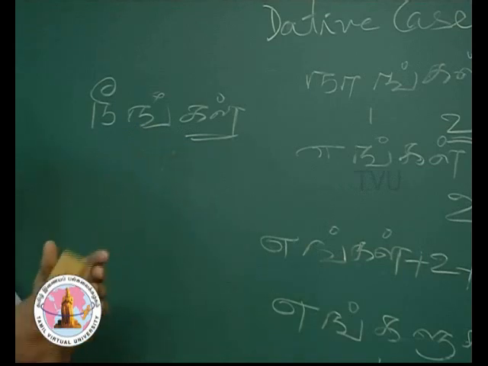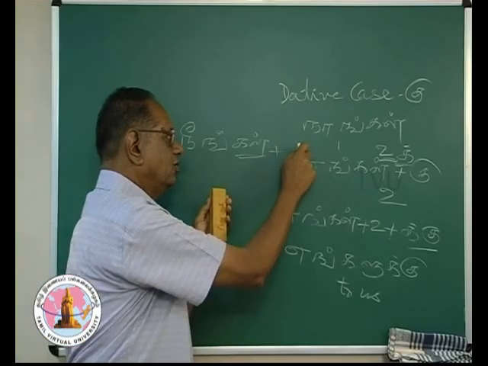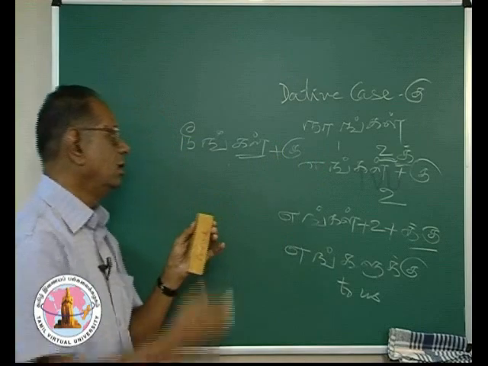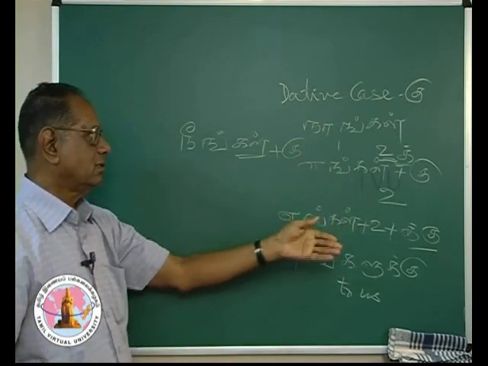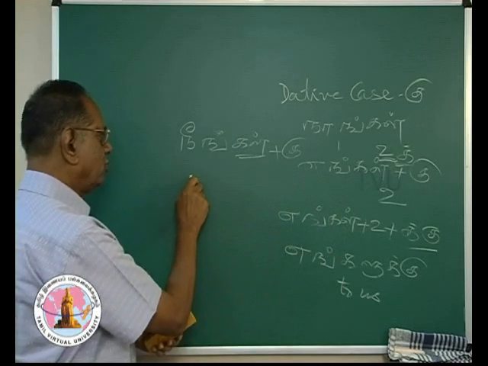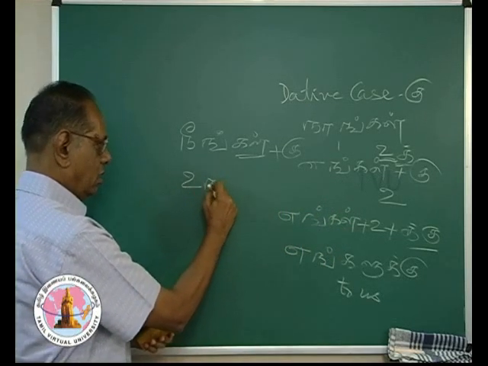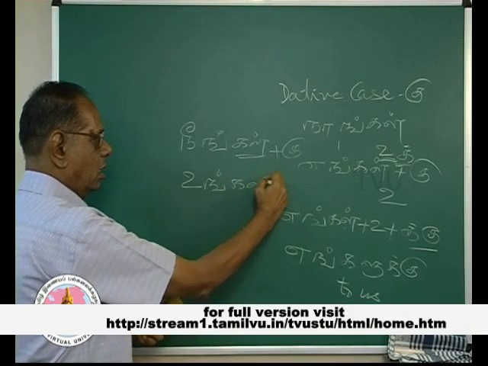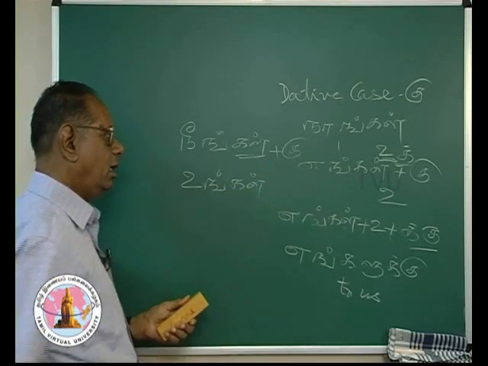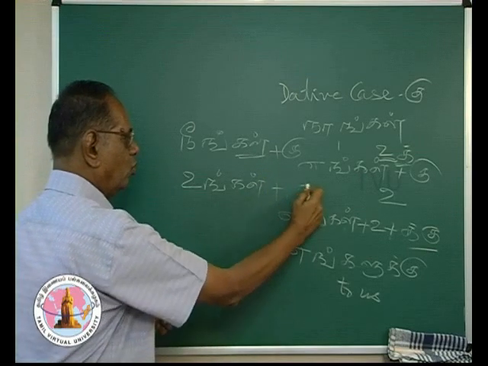Neengal, when it has to take the case marker ku, it undergoes the change as nangal does. Neengal becomes ungal plus ku.